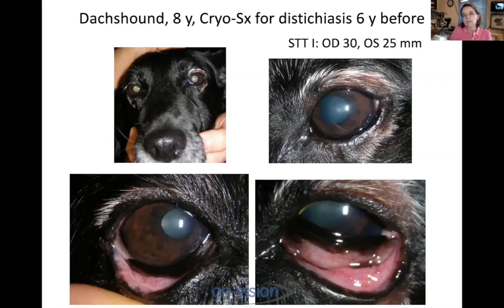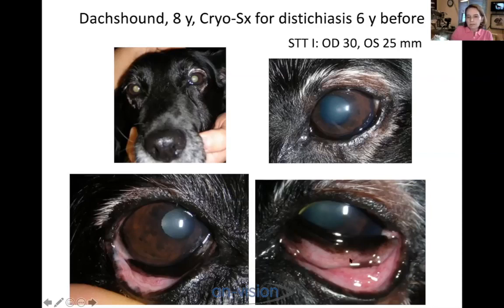I can just tell you that this dog had cryosurgery for distichiasis 6 years before. And now he's presented because he has constantly irritated eyes. He's tearing, and you can see that the epiphora runs down very far. And he doesn't look very happy. He has semi-closed eyes, and he's tearing and rubbing and irritated. And this is how the lids look.